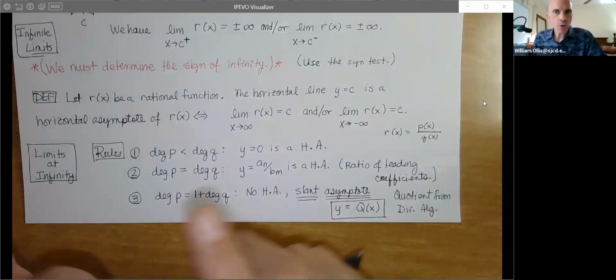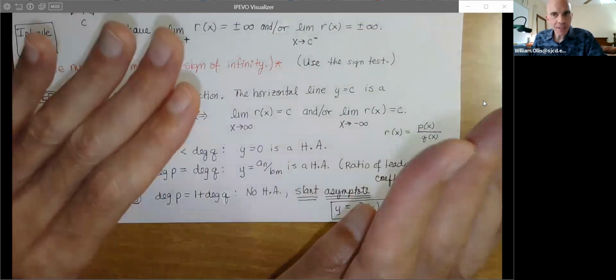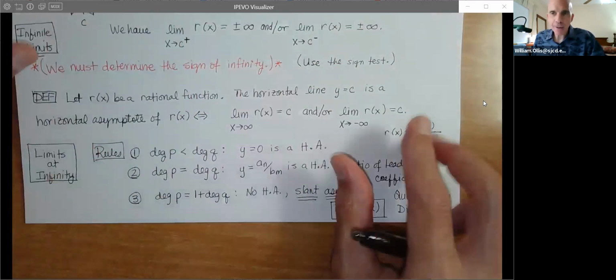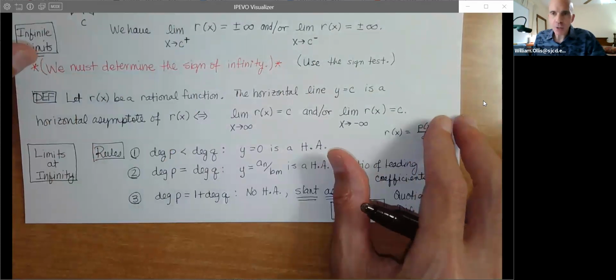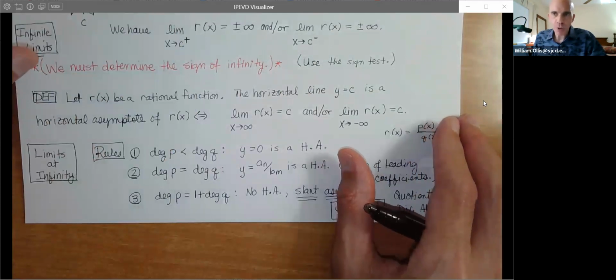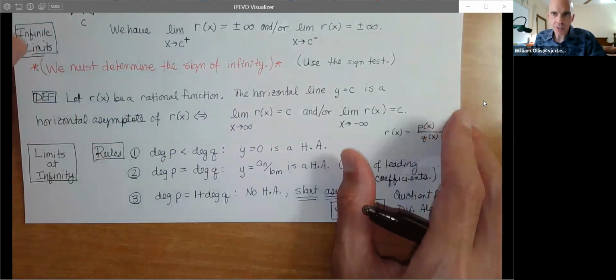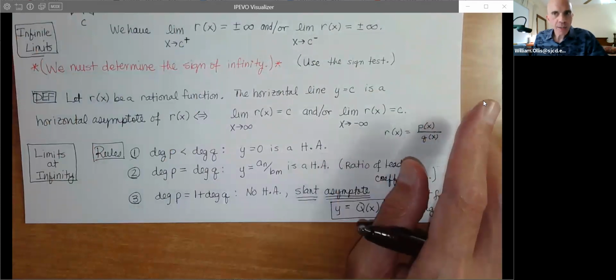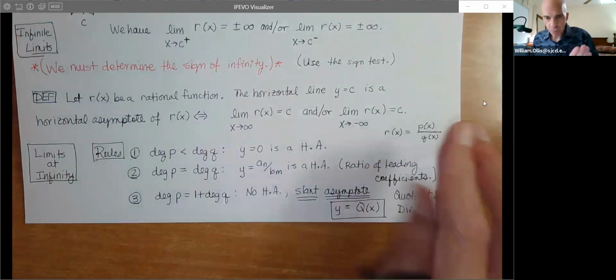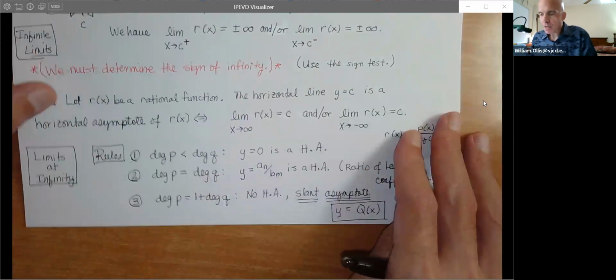We can get a fairly good graph, but just like the polynomials, we have to accept that there are certain attributes that we don't know at this point that will require the calculus, but we're okay. We'll be able to make it. We have to start somewhere. So now let's look at some examples here.